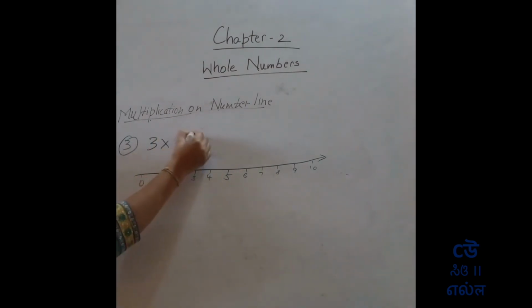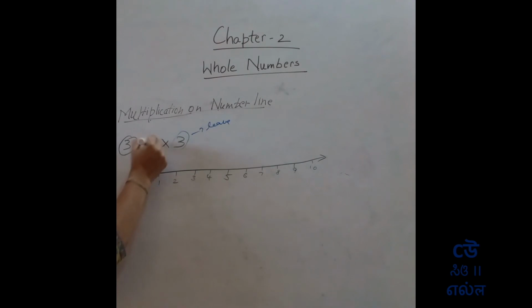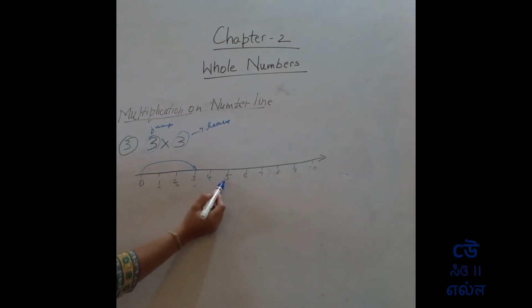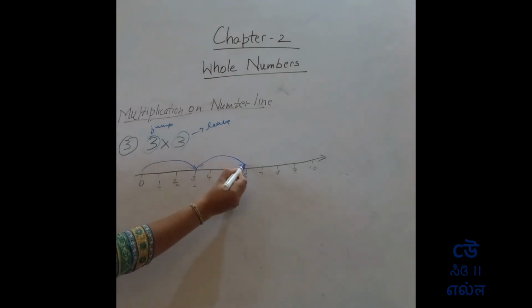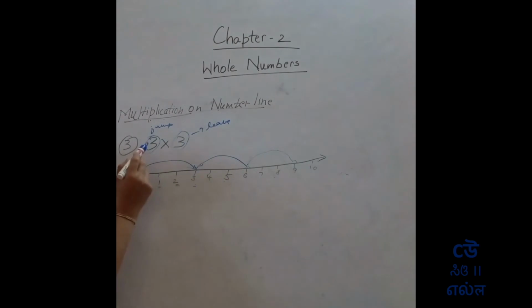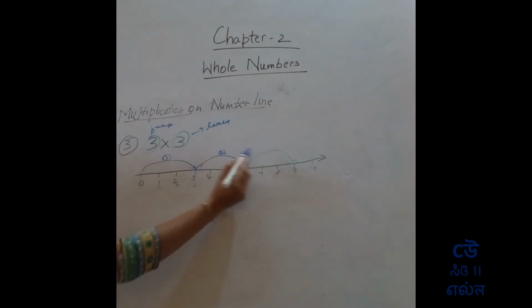This number we have to leave, and this number we have to jump. How many numbers do we have to leave? 3 numbers: 1, 2, 3. Leaving 3 numbers, from 0 it will come to 3. Next, again leaving 3 numbers, 1, 2, 3, it comes to 6. 1, 2, 3. How many times do you jump? 3 times, right? First, second, third time.